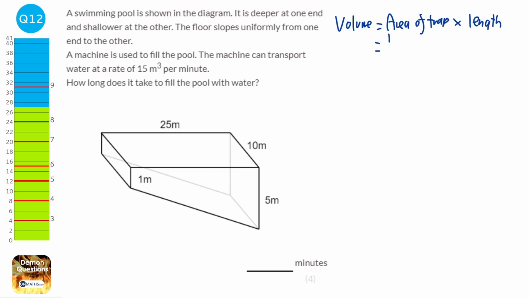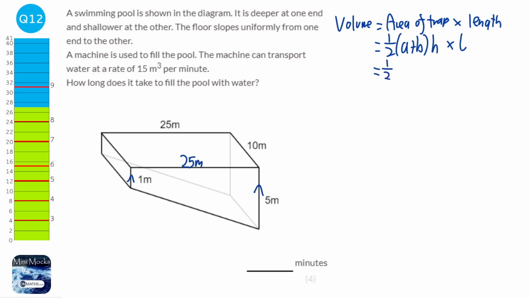So trapezium is half a plus b h, and then times the length. Now a and b are the two parallel sides, which will be this one and this one. And then the h is the perpendicular line that hits both of them at 90 degrees, which is what perpendicular means, between the bases. So this will be the 25 meters here.